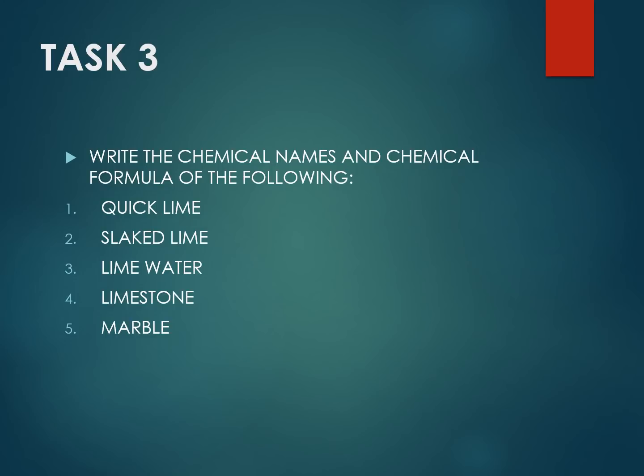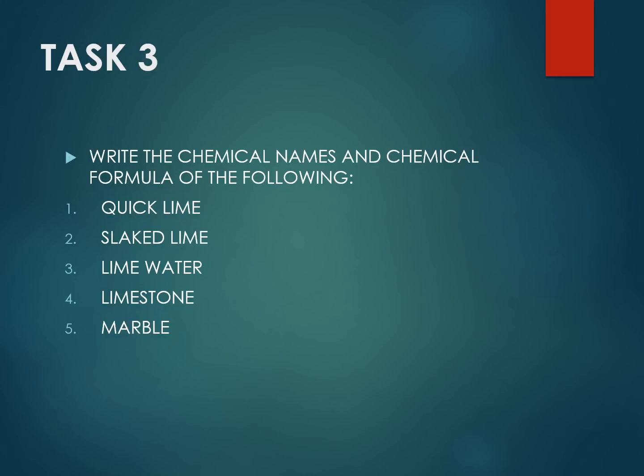Now students, we have discussed the different types of reactions, basically combination and decomposition, and different types of decompositions we have done. Now there is a small task for you to do in your fair notebooks, and that is write the chemical names and chemical formula of the following.